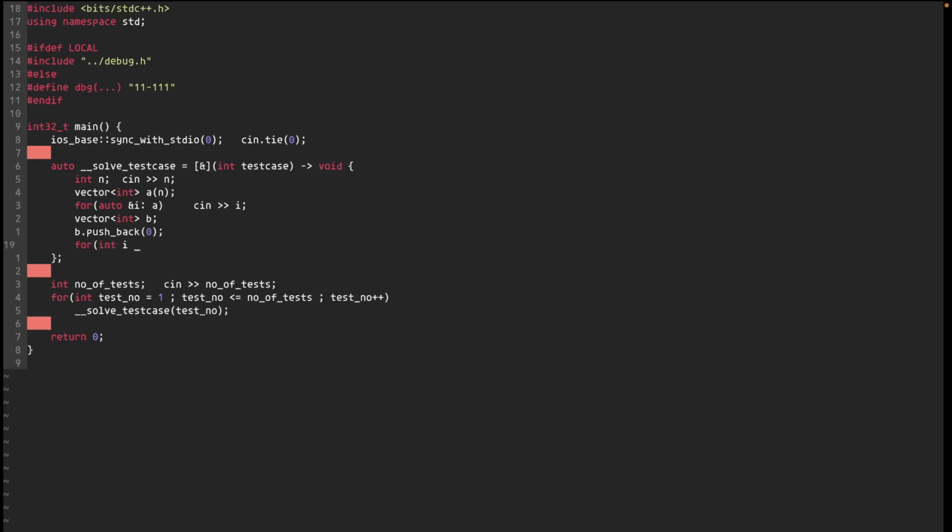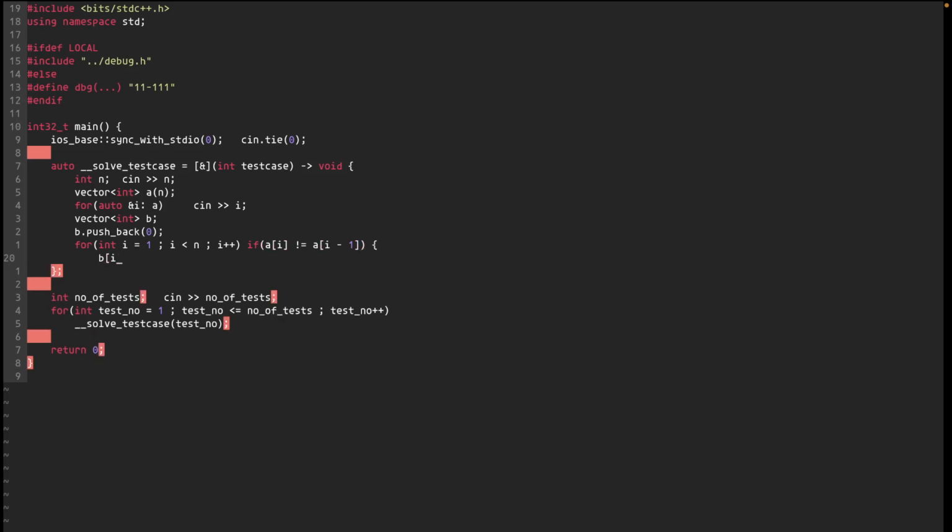For int i equals 1, i less than n, i plus plus, if A of i is not equal to A of i minus 1, then B dot push back i.